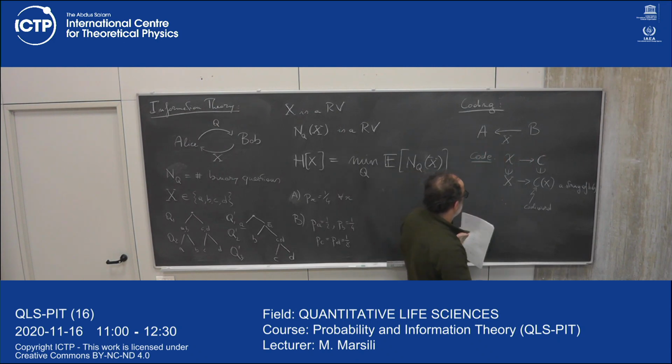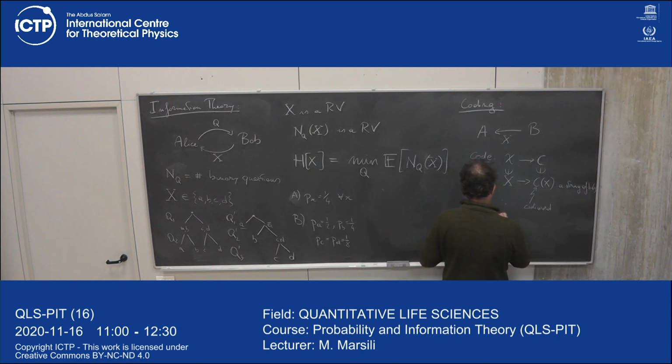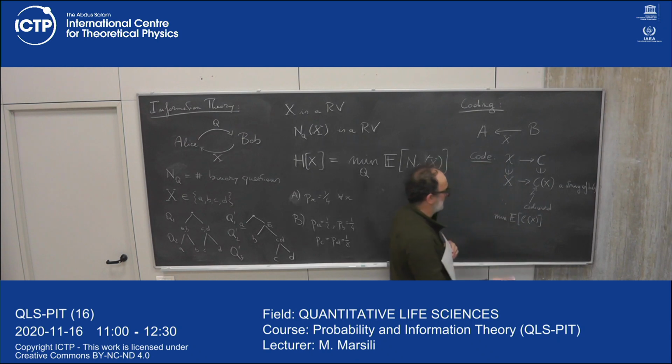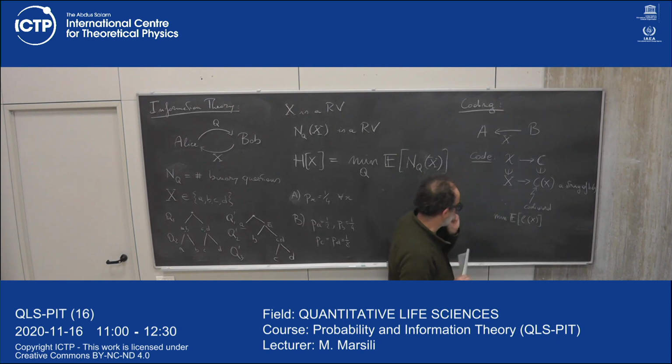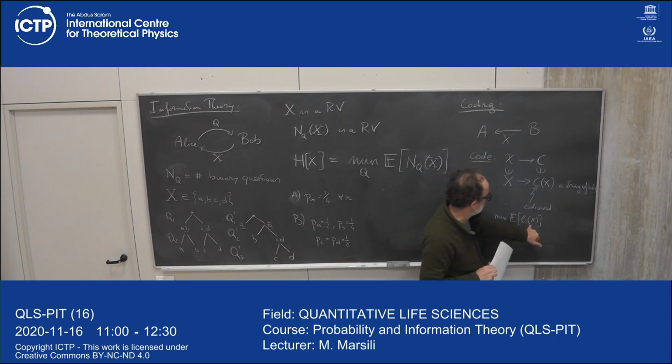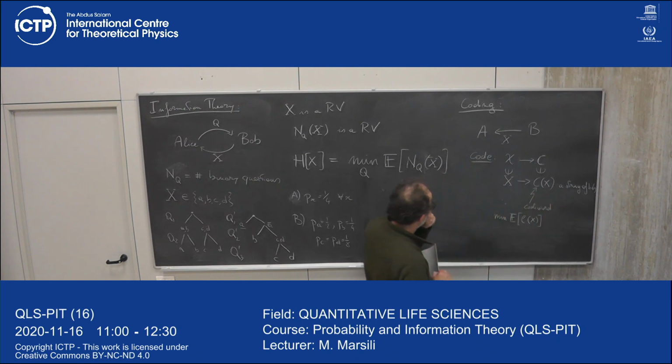Okay, so what they want to minimize is the expected value of the length of the bit string that they have to send. Okay, where L is the length of the code word that corresponds to X.